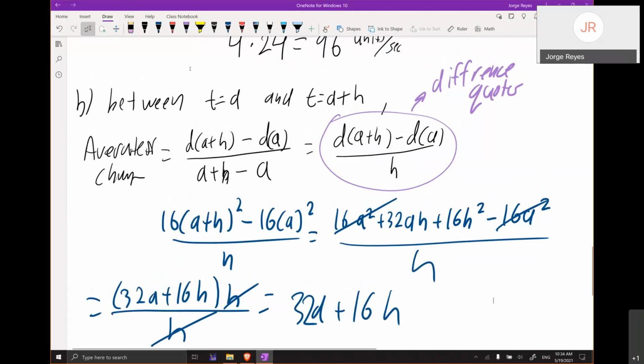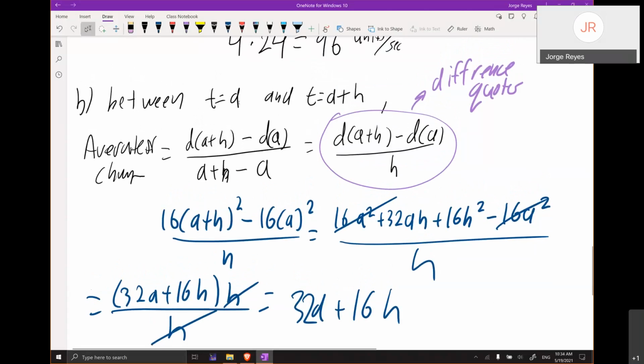And if you notice, you could think of t as time. So if a was like 1 second, this is between 1 second and 1 plus h. So this is how much time I'm adding. You might be wondering, what if h goes to 0?